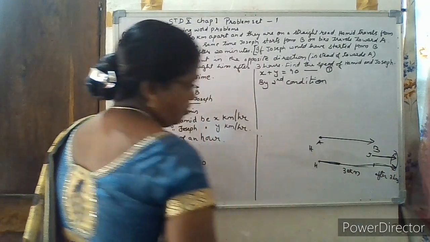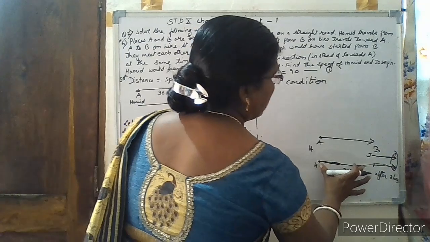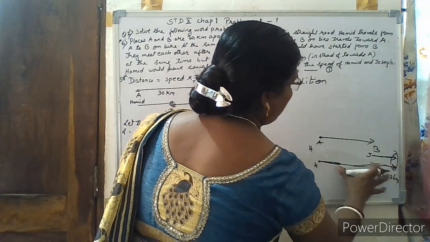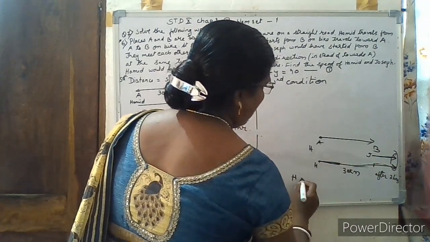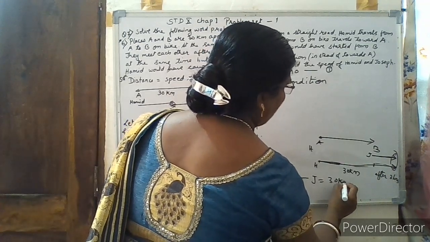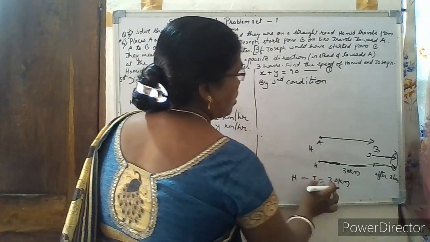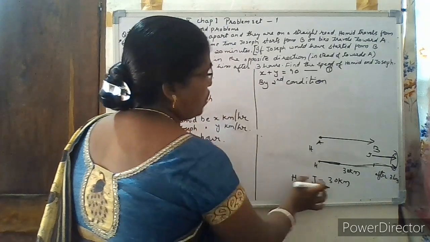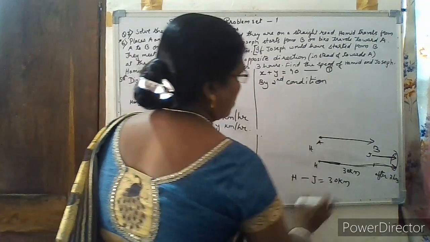But we know that the distance from A to B is 30 kilometers. That means the distance traveled by Hamid minus the distance traveled by Joseph is equal to 30 kilometers. This difference of their distance is 30 kilometers.